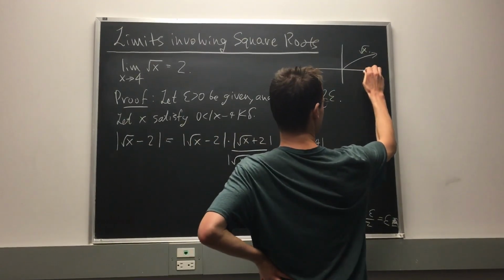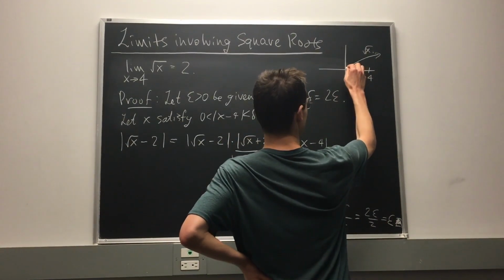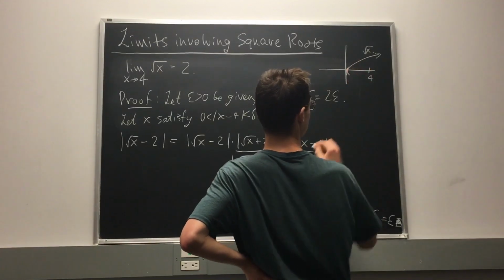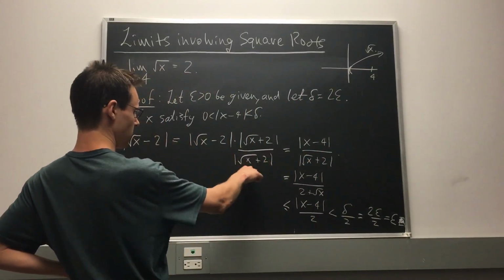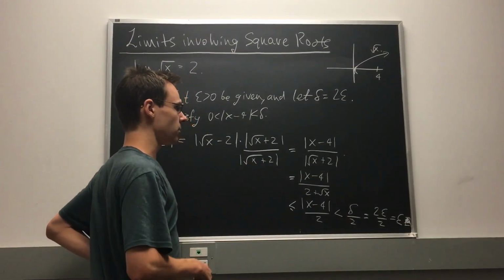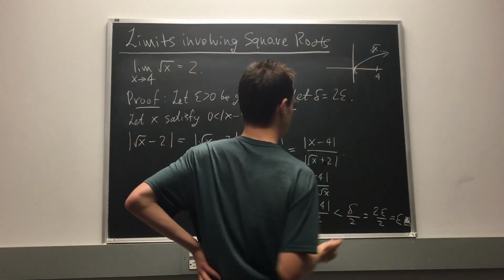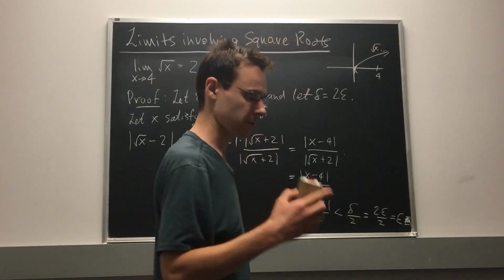So if we're considering the point at 4, the biggest that our delta window can be is a size 4. We can go all the way up to 0 with our delta window, but we can't go past here. Otherwise, we'll have a problem. Not every x from the window can even be plugged into the function. So because of this domain issue, we do need a minimum in here. So I'm just going to make that correction real quick.